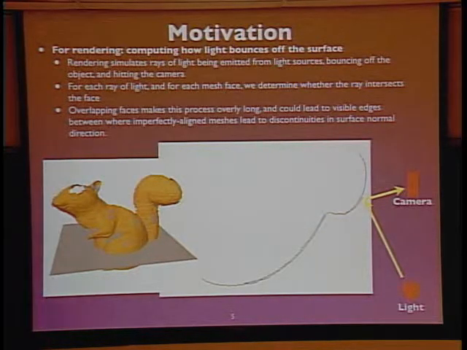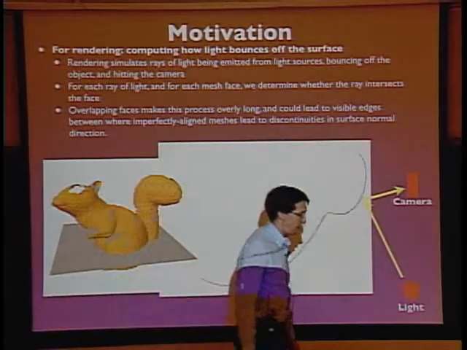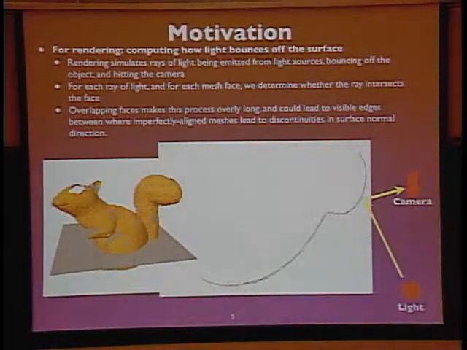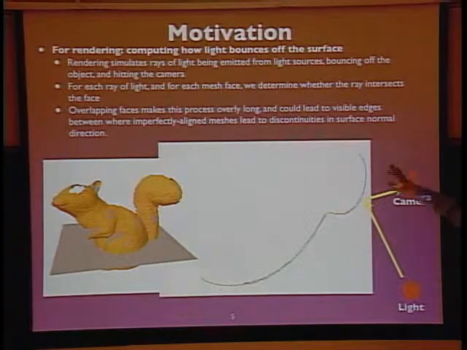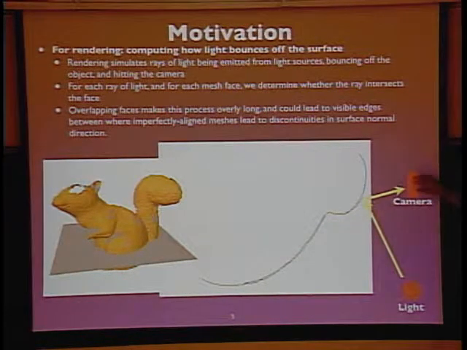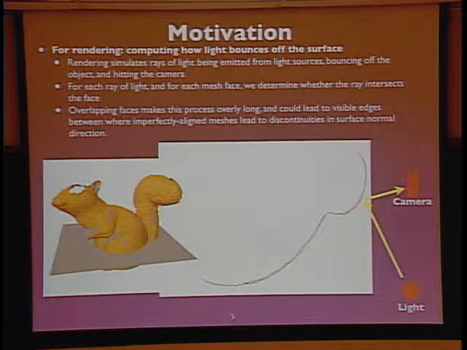What you are going to do is essentially simulate a fake light source giving off light, bouncing off of the squirrel here, and bouncing into the CCD array of a fake camera. The reason why it's computer graphics is that you get to decide all the characteristics of the light source, how bright it is, where it is, and so on, and you get to decide where the camera is. That's what makes it computer graphics. It's made up by you.